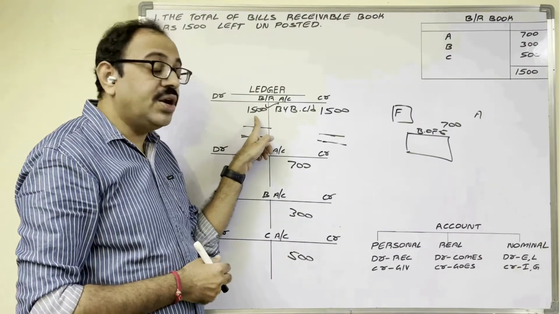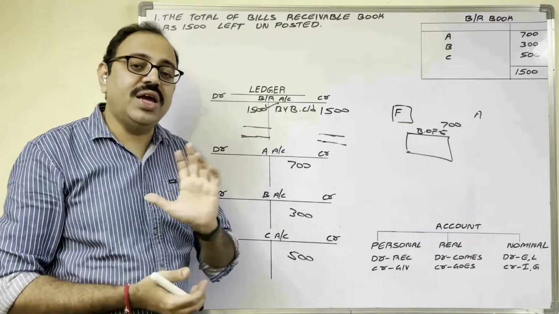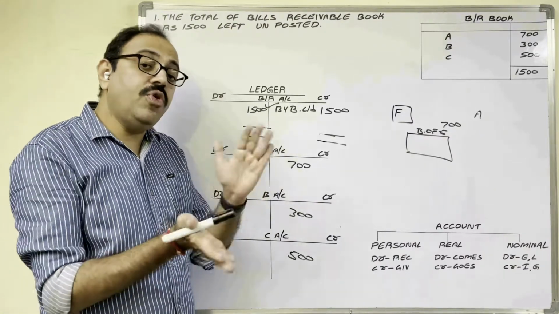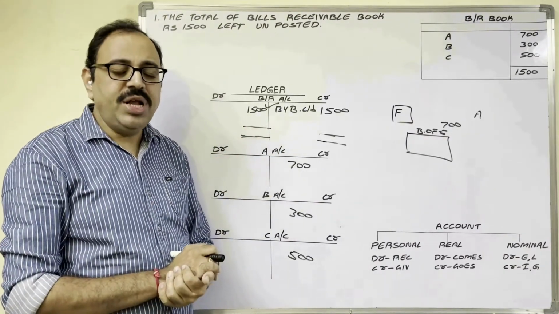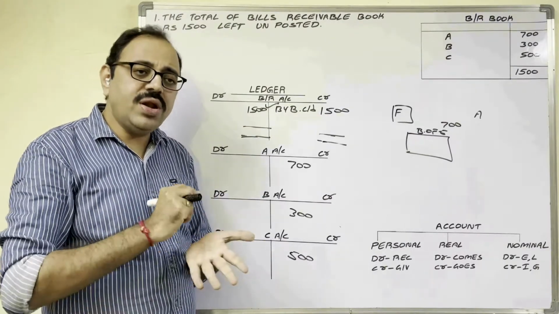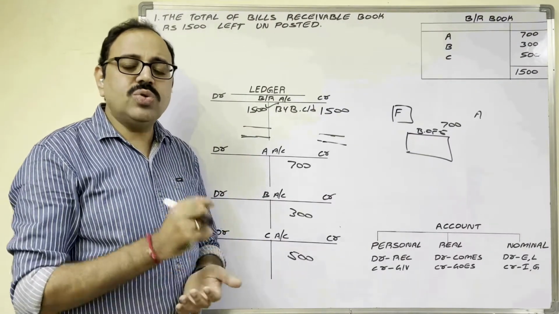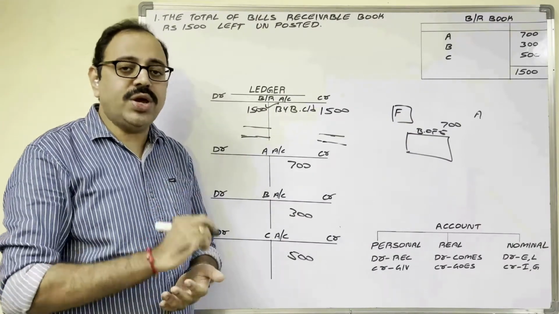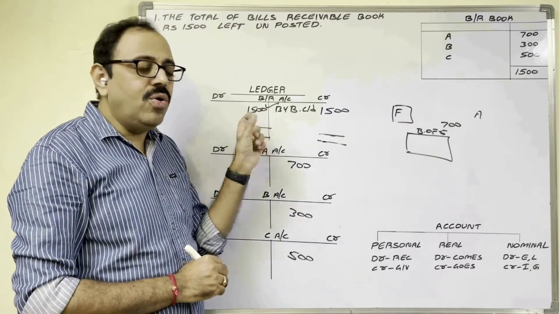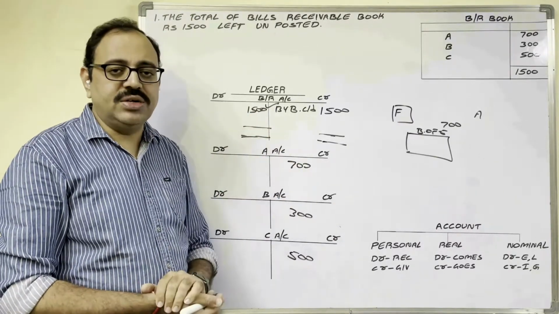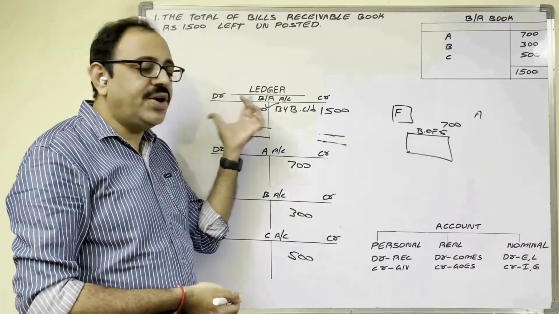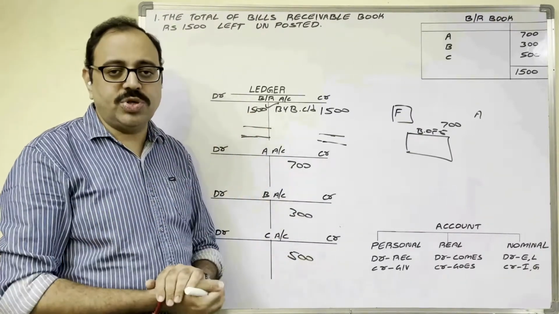Using this answer, now we should frame the rectification of error entry. Suppose this error is committed before preparing the trial balance, meaning the suspense account is not yet opened. In that case, we cannot write the journal entry, because to complete the double entry we need two accounts, but the mistake is committed only in one account. Therefore, only in the form of a sentence we should mention that the bills receivable account should be debited with 1500 rupees. Only a sentence we are supposed to write.